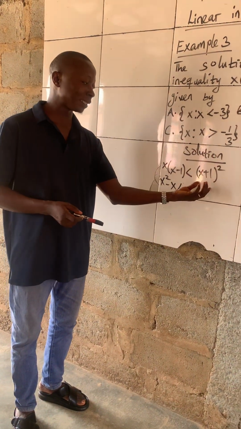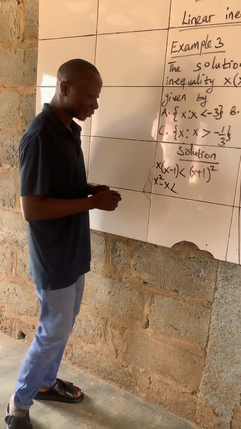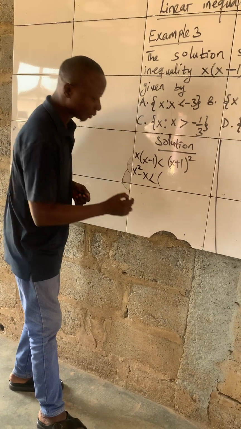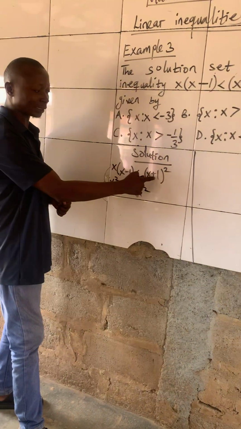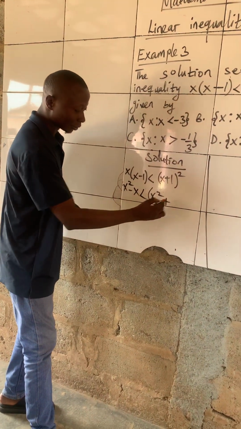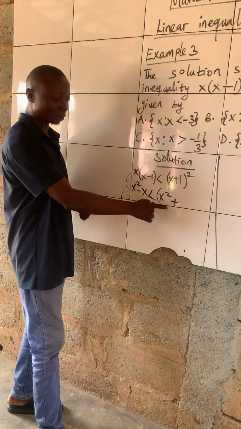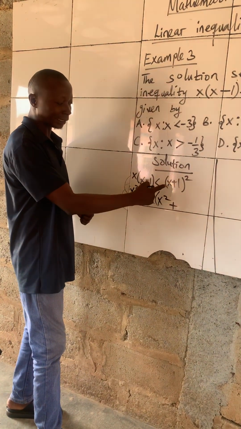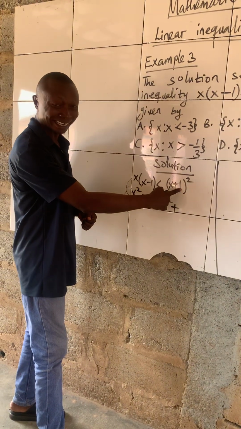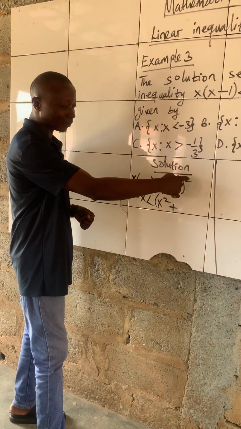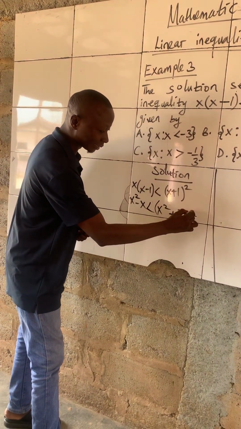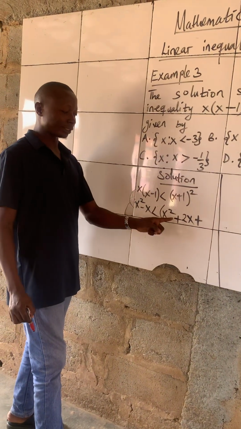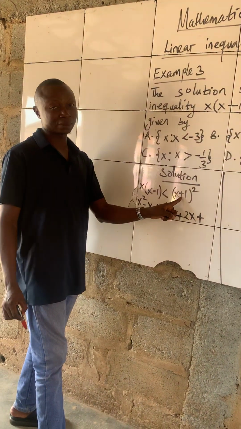So I'm going to expand this using the binomial theorem. x squared, the sign here is plus, then x times 1 is x, then x times 2 is 2x. The sign stays constant as plus.